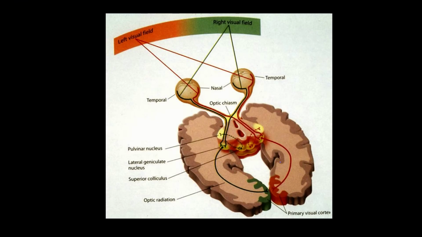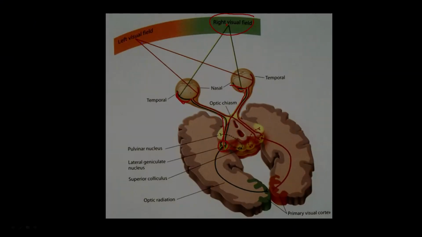Well, the way it does it is it actually splits the eyeball in half in terms of where the projections come from. So here we see the right visual field, which is looked at by this left side of the eye, which is the temporal side of the left eye and the nasal side of the right eye. Both of those come in through the optic chiasm, going to the left side of your brain.